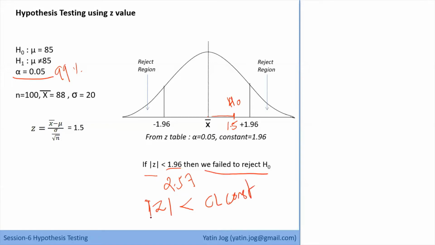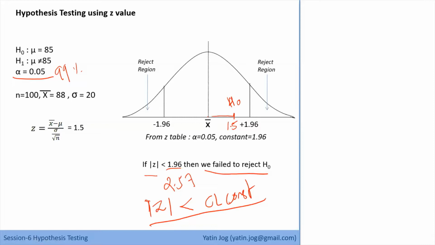Diagrammatically also, if the distance is less than the confidence level constant, the data point or H0 is within the confidence level values, so we fail to reject H0. That means my H0 is correct and I can go ahead with H0.